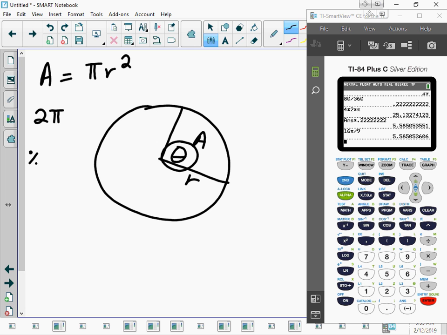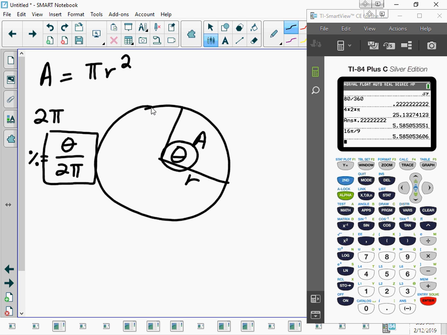So the percentage is theta over 2 pi. Does everybody understand that? What do I do with this number? Times it by the area of the entire pizza.